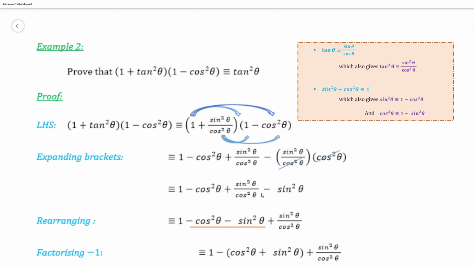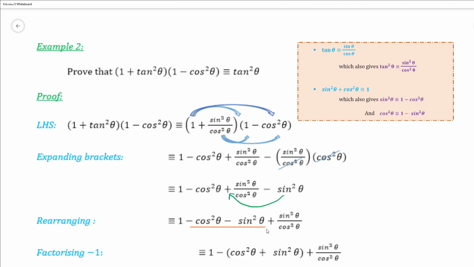Alright, so when I rearrange the terms, that means I am just putting this minus sin² θ here, right? We would have 1 minus cos² θ minus sin² θ plus this term sin² θ over cos² θ. Now I'm going to factorize minus 1 from what is underlined in orange.